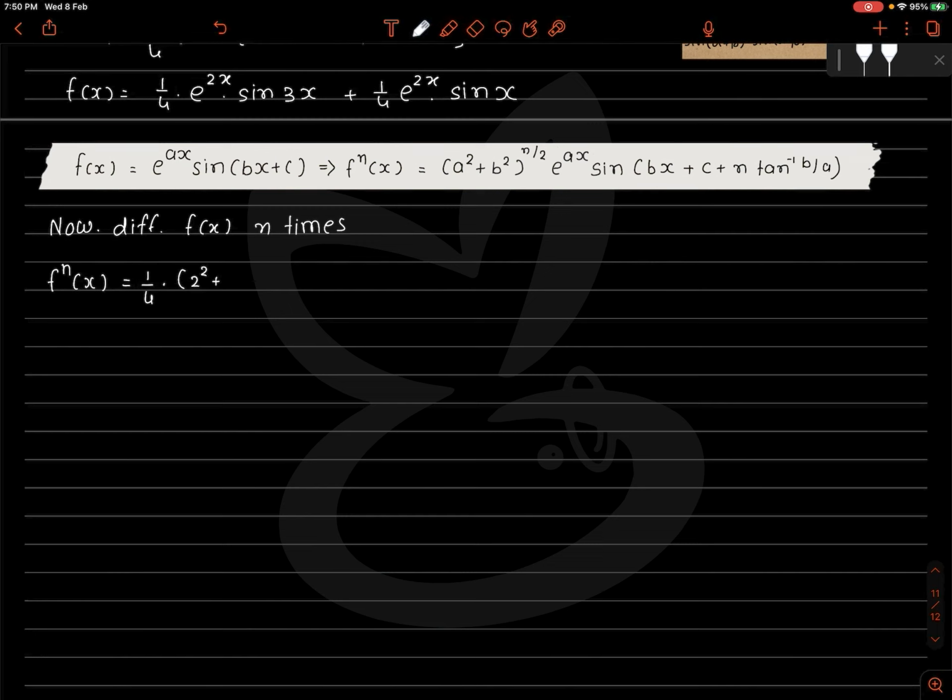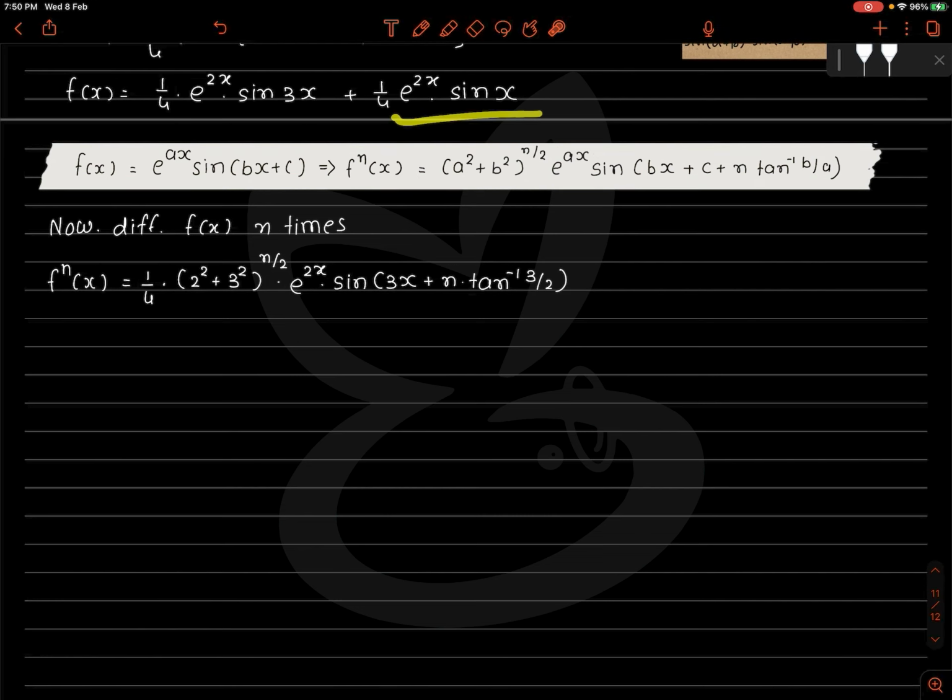2 square plus 3 square raised to n by 2 into e raised to 2x into sin 3x. As there is no value of c, we would now write plus n into tan inverse 3 upon 2.